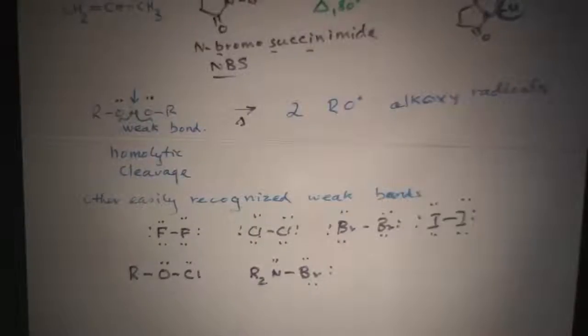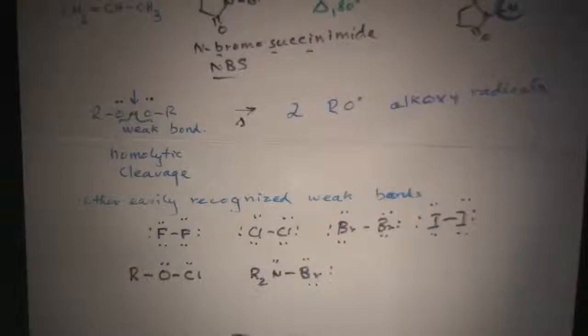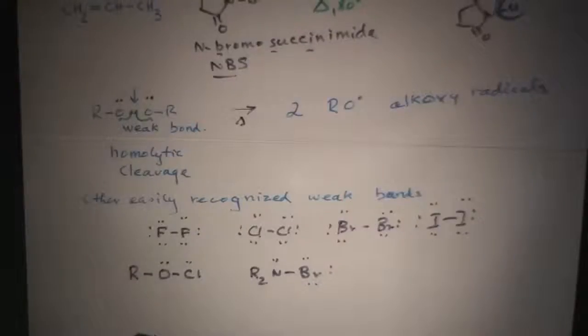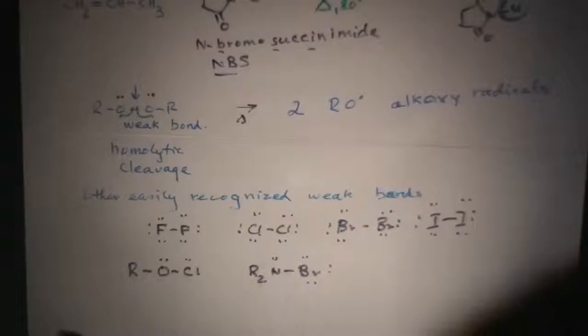So you can make a list, and someone says to me, is this bond a relatively weak bond or is it a relatively strong bond? At least amongst the atoms that we're dealing with in terms of organic chemistry in this course, you should be able to make a case for weak bonds.